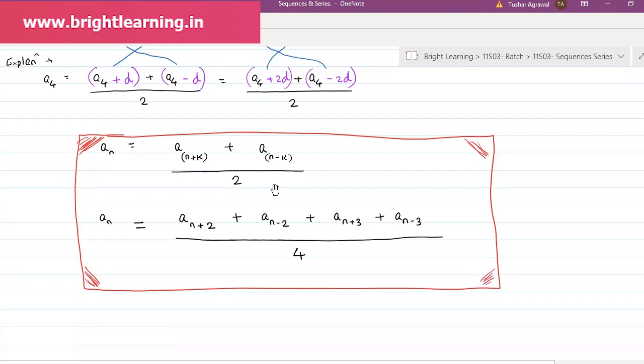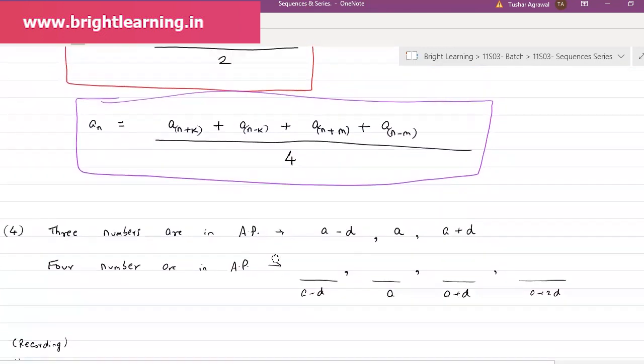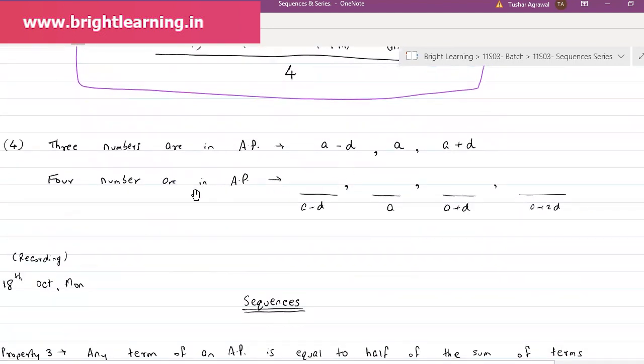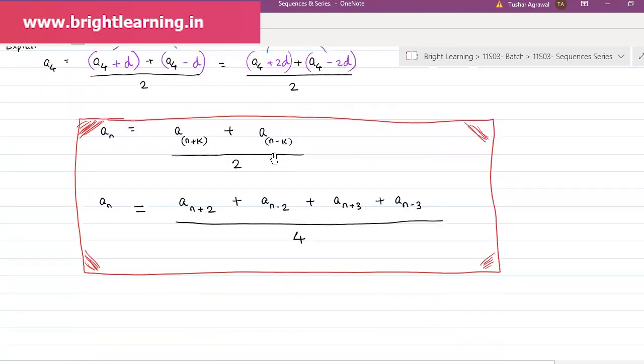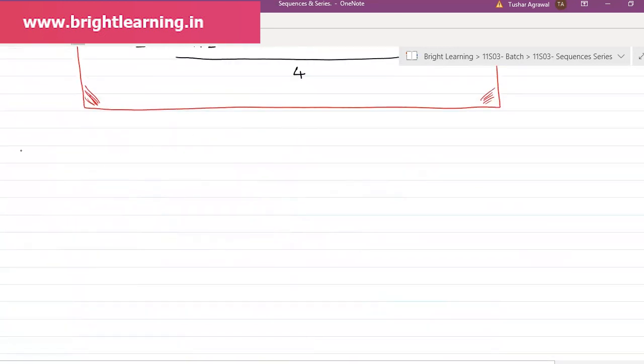Okay, and then the next thing we saw was the tricks for solving some questions. Now, if 3 numbers are in AP, this is not a property, it's just a general trick so that it will make your calculation easy.